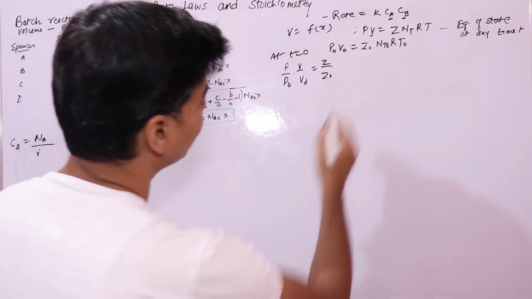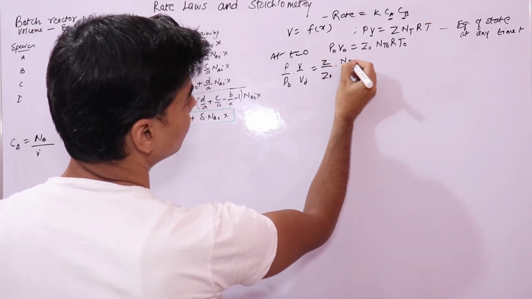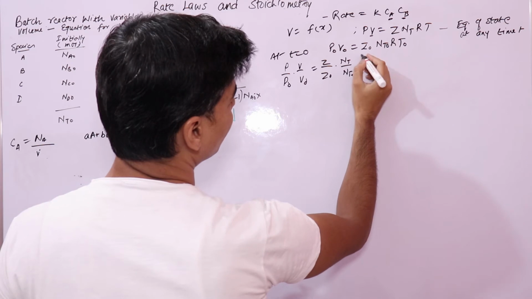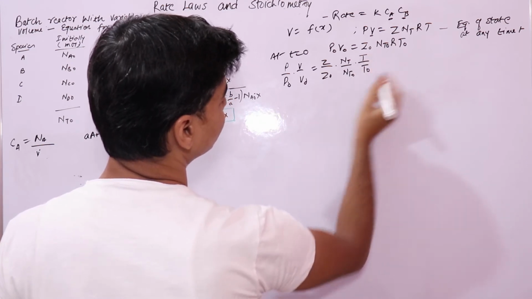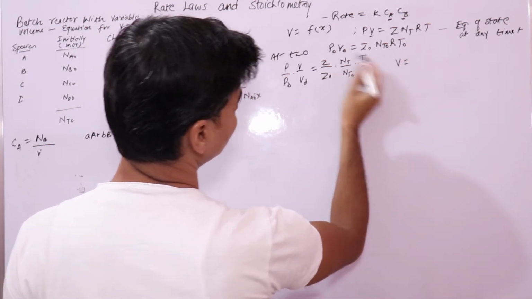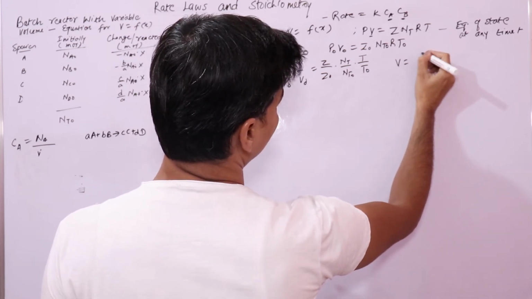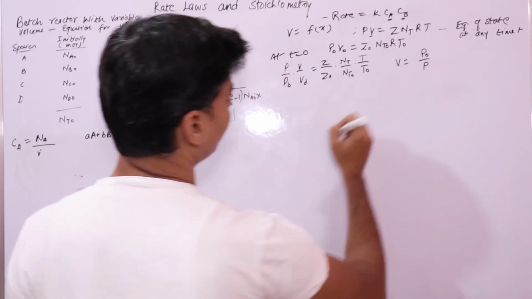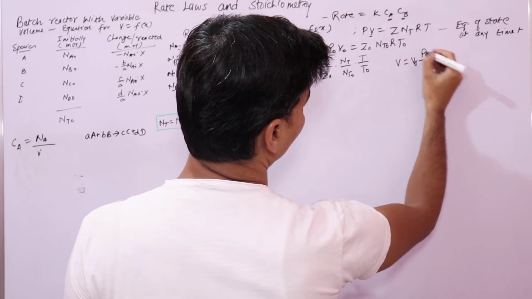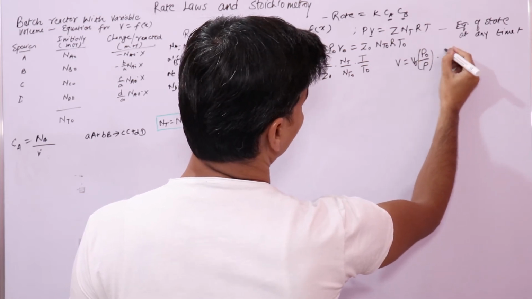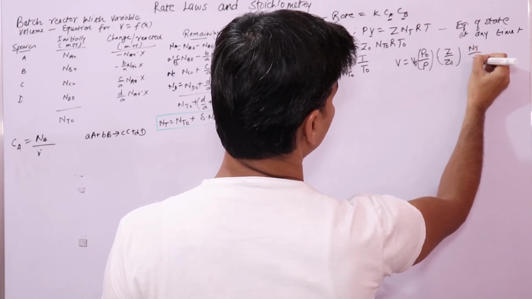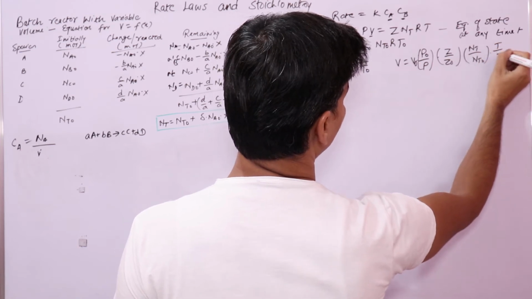So we have Z upon Z0, NT upon NT0, T upon T0. Rearranging this equation, V equals V0 times P0 upon P, times Z upon Z0, times NT upon NT0, times T upon T0.